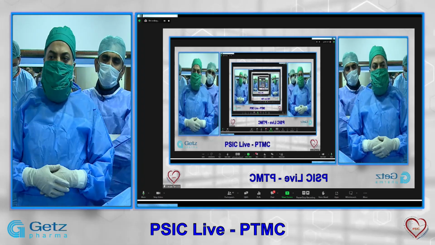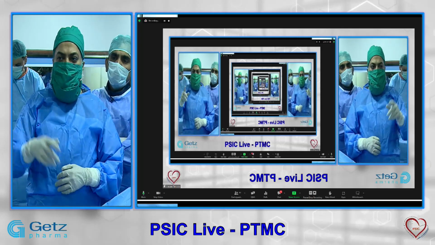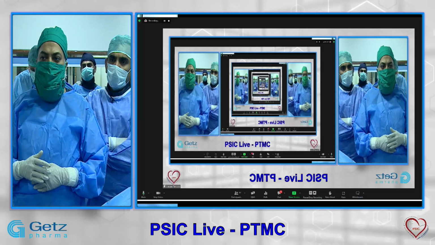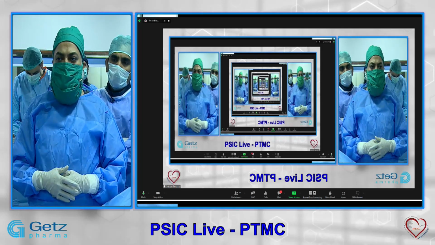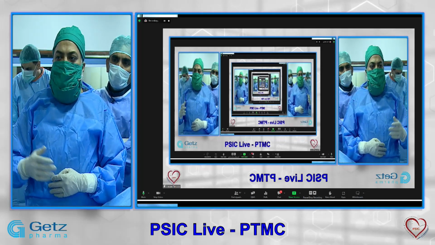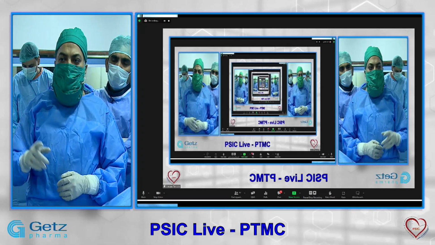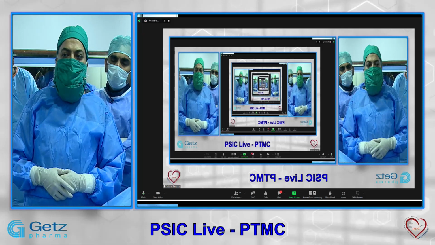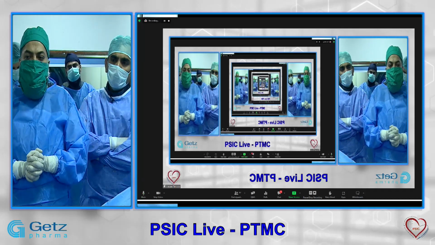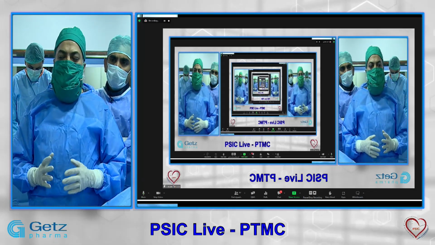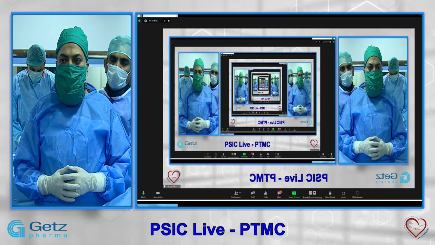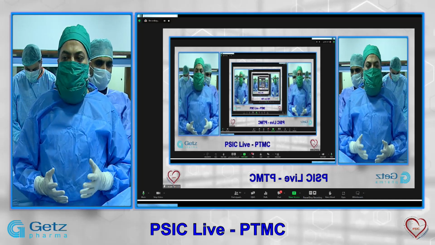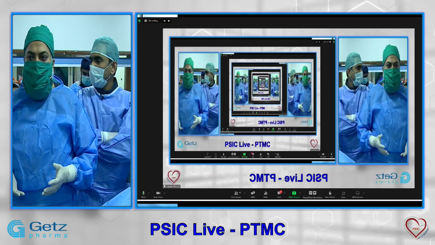When we see this septum from the front, we can see the fossa ovalis, and just below it is the coronary sinus, and then we have the tricuspid valve. In this fossa ovalis, what you see, 1, 2, 3, 4, 5, are different locations where you may want to puncture the septum, because the purpose of the septal puncture may be different.